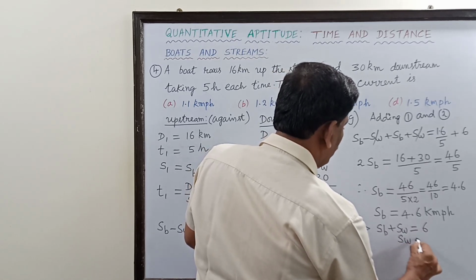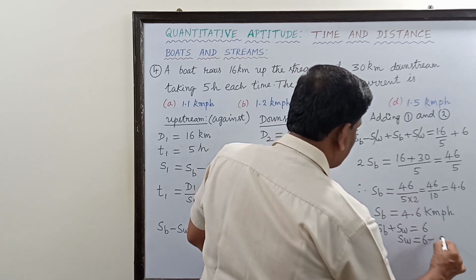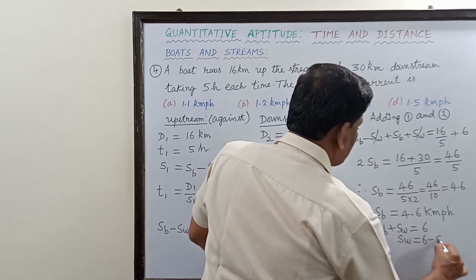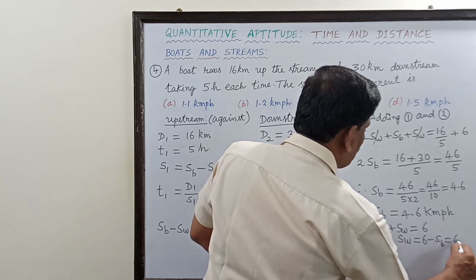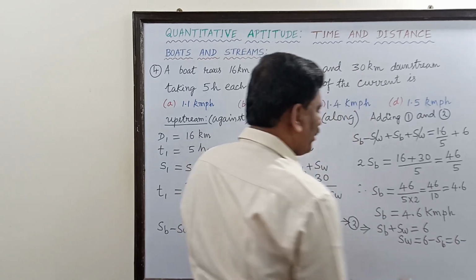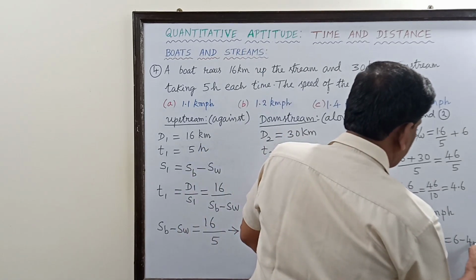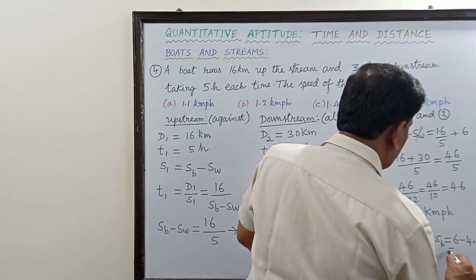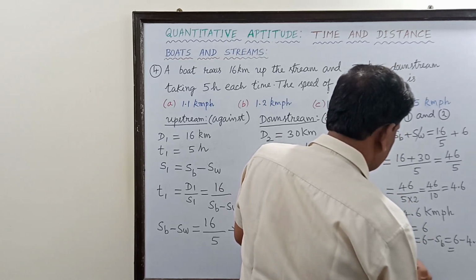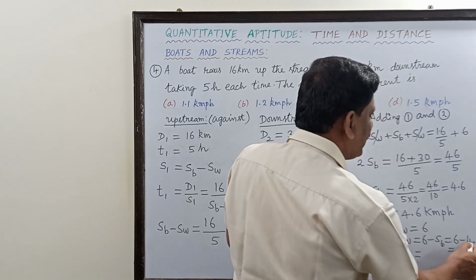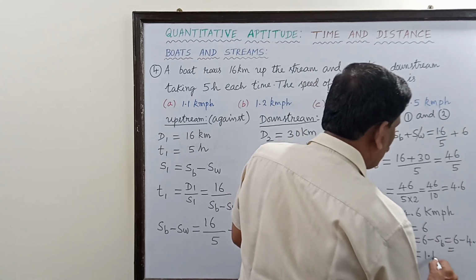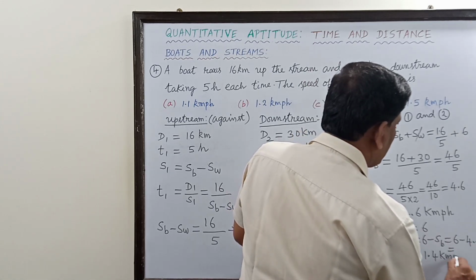So SW is equal to 6 minus SB. 6 minus SB is equal to 6 minus 4.6. So 6 minus 4.6 is equal to how much? Therefore, SW is equal to 6 minus 4.6, which is 1.4 kilometers per hour.